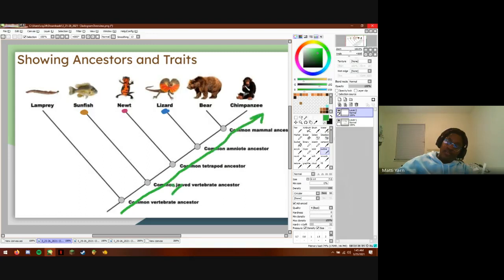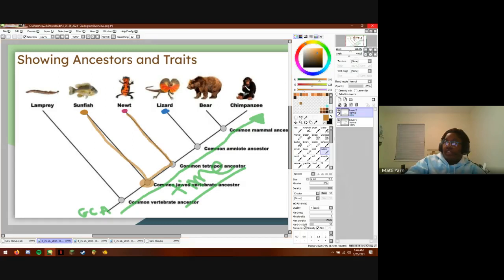All right, so we've got time going in this direction. Here's our greatest common ancestor, and we're going to do the same thing we did. So I'm going to grab this sunfish color, and the diagonals are kind of killing me here. All right, and then we're going to draw down to the newt. We've got to find their most recent ancestor. So this is the most recent ancestor that the sunfish and the newt have in common.